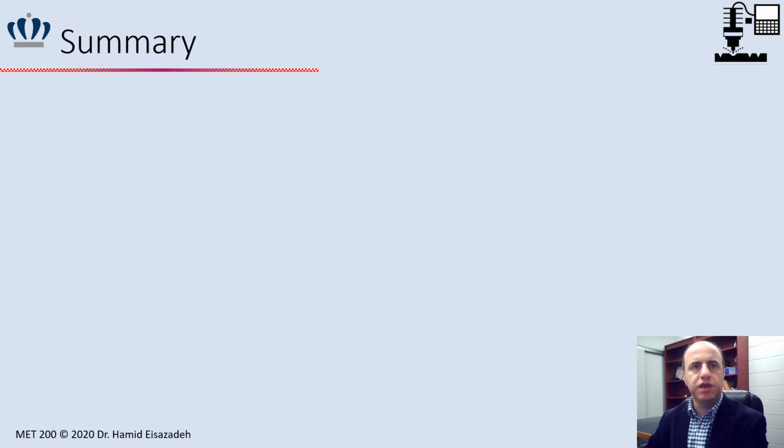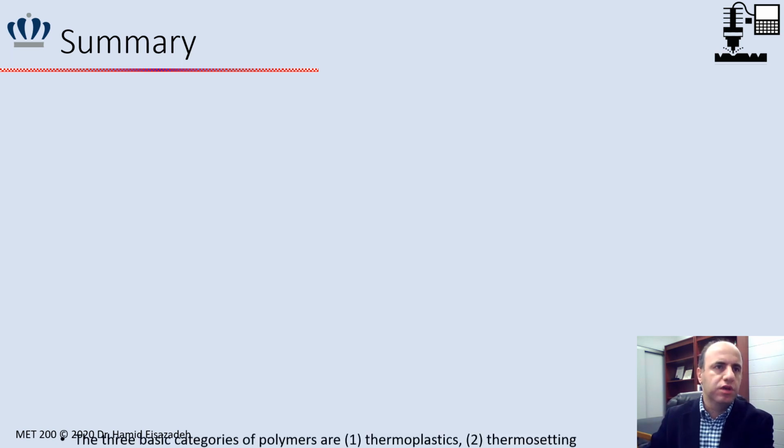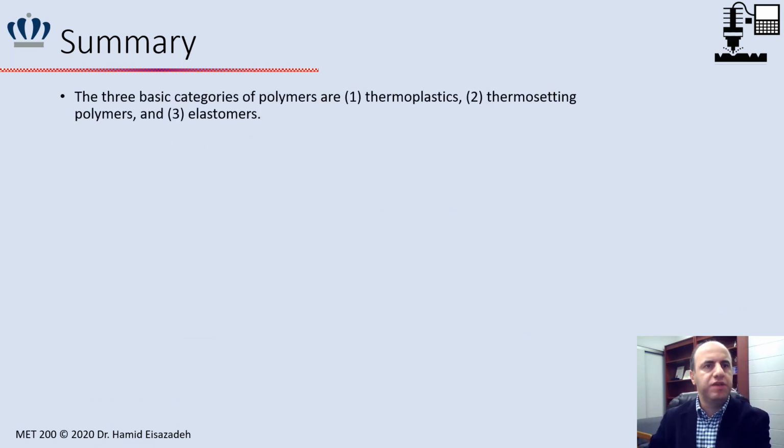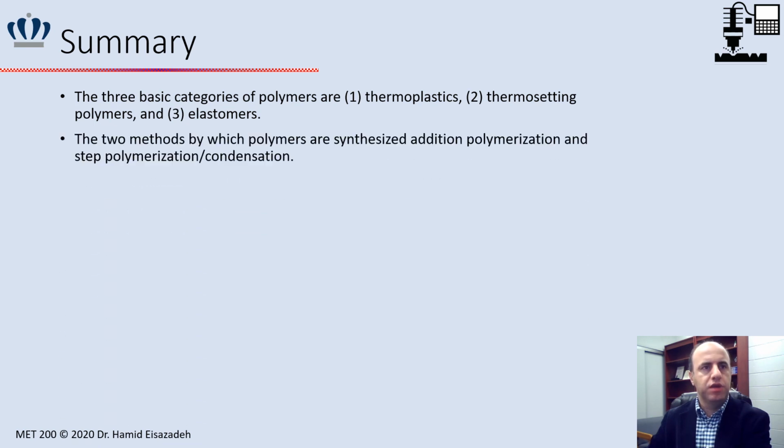Here is the takeaway from this course. The three basic categories of polymers are thermoplastics, thermoset polymers, and elastomers. We have two methods for polymer production. One is called addition polymerization. The next one is step polymerization or condensation.